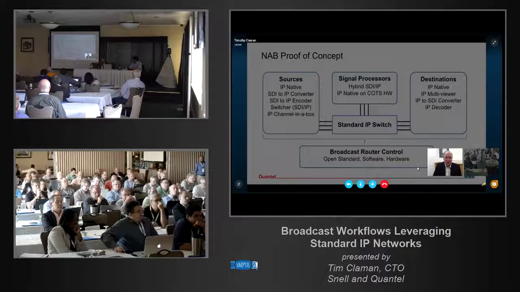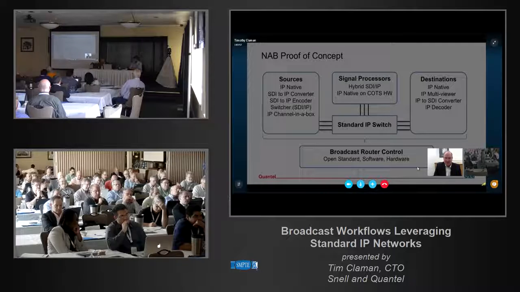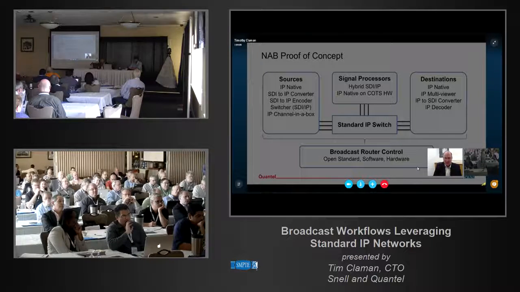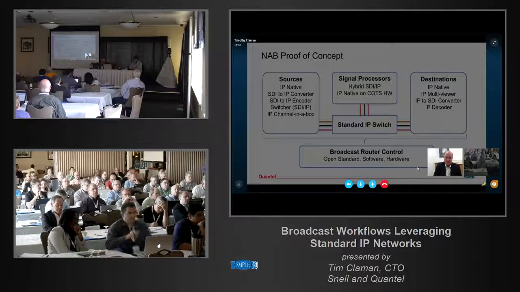And I'll just say that I showed this demonstration personally to many customers, and in some ways it's even more exciting on paper than it is in person, because you go up to a router control panel, you punch up a source and a destination, you take the route, and then the signal switches, and it's something you've seen a million times before, and in that sense it's kind of uninteresting on the surface, but under the covers there's certainly a lot going on, and I think it shows that the industry is actually implementing IP and not just talking about it.